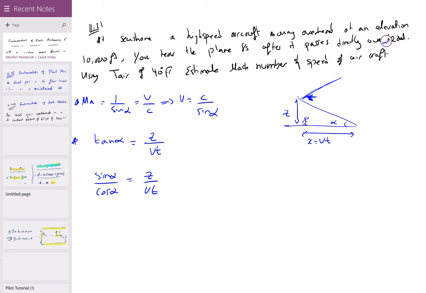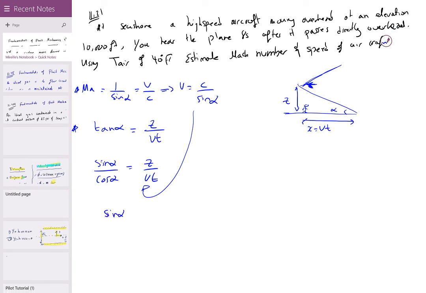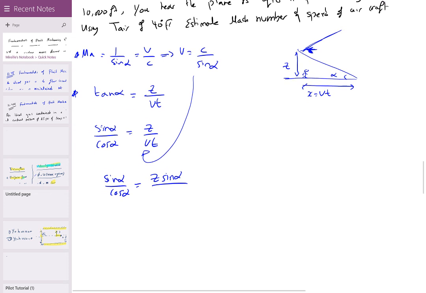I will replace my V here, so I'm going to get sine alpha over cos alpha is Z sine alpha over CT. I'll cancel my sine alphas.